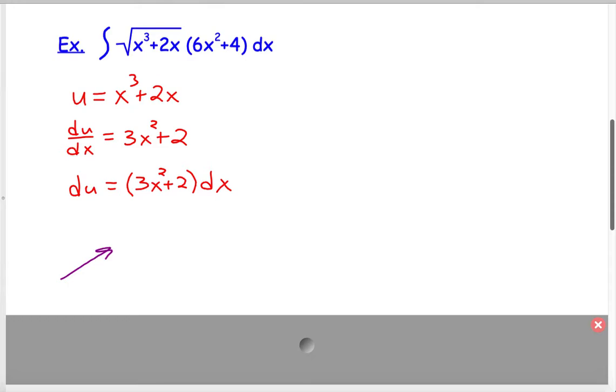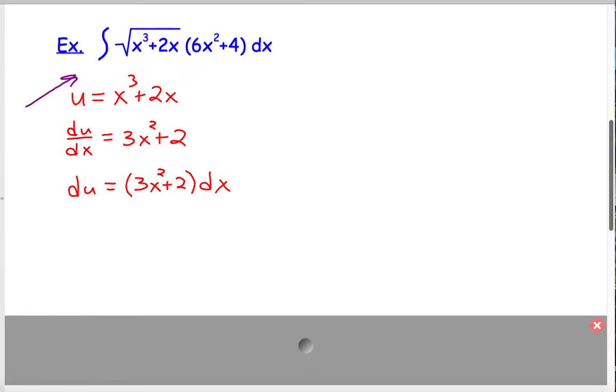Now, how does that differ from what I'm dealing with in my integral? Well, it only differs by a factor of 2. If I multiplied 3x squared plus 2 times 2, I would get 6x squared plus 4. So let me do that. Let me multiply both sides of this equation by 2. And now I'm going to have 2 times du. I'll distribute that 2, so it becomes 6x squared plus 4 times dx.